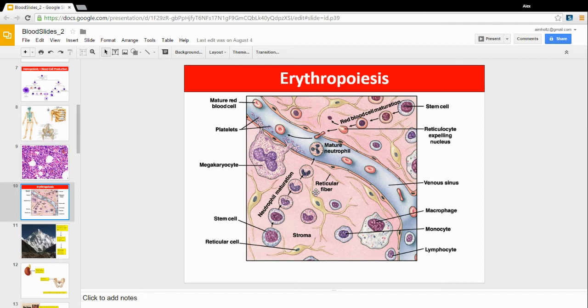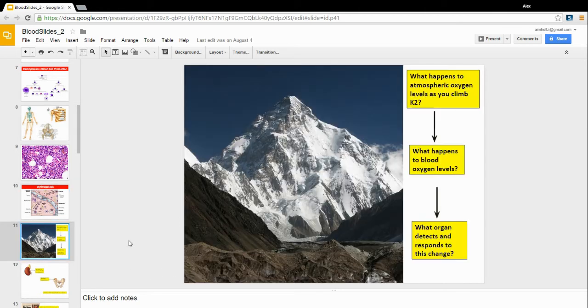There is a hormone that stimulates this process. That hormone is called erythropoietin. You're always making some erythropoietin. One situation where you're making more erythropoietin is the one we just discussed, which is when blood oxygen levels decline because of a change in atmospheric oxygen levels. There could be other causes of blood oxygen levels declining, certainly, and all of them would prompt an increase in the production of erythropoietin.